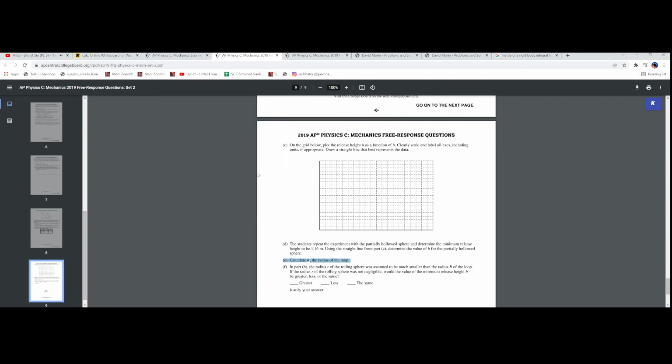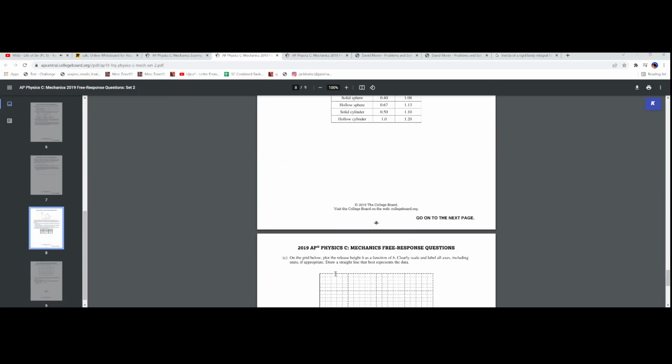Do I even care? Calculator. Yeah, this is probably just conservation of energy again. I don't care. In part B, the radius r of the rolling sphere. Oh, that's why there's no angular speed. I see. Okay.